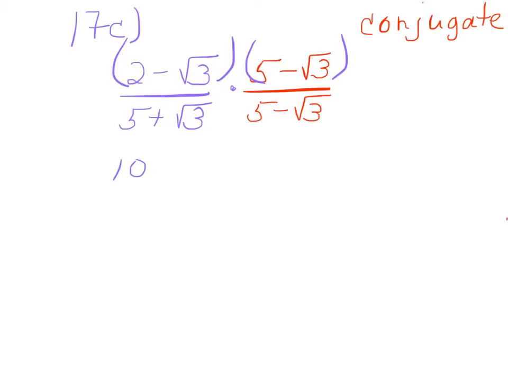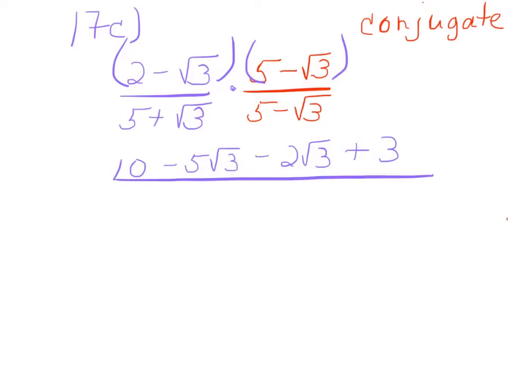So I'm going to get 10 minus 5 square root of 3 minus 2 square root of 3 plus 3, right? Because negative square root of 3 times negative square root of 3 is going to give me plus 3. And then my denominator is going to be 25.